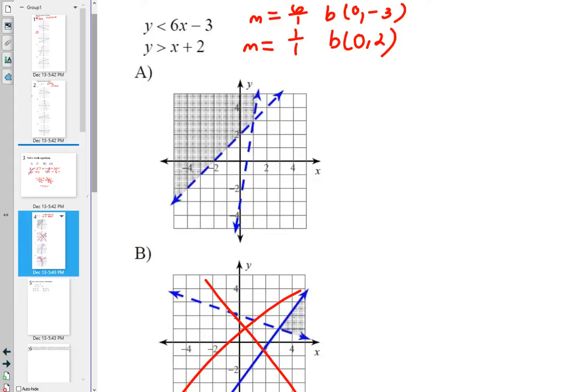If I look at this, it ends up being the same for A and C. They both have a boundary crossing at 2, going up 1, right 1, and both have a boundary crossing at (0, -3), going up 6 and right 1. So the only difference between answer choice A and answer choice C is the shading.